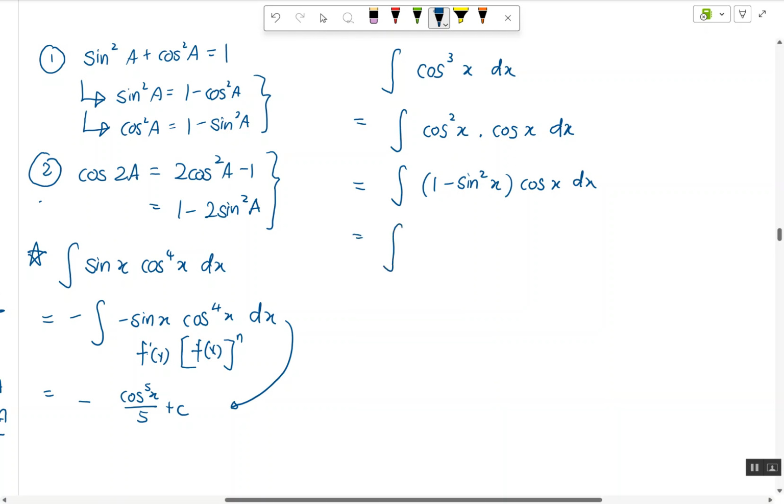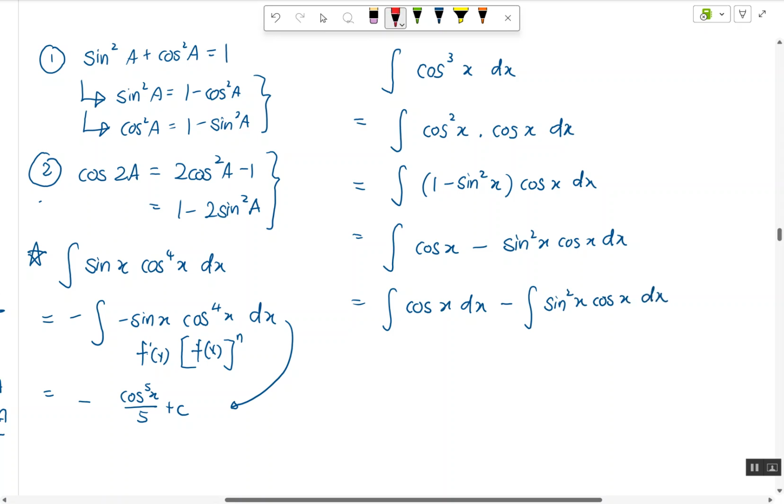So when I expand this, I'm going to get cosine x minus sine square x cos x dx. And actually, let's split this. The integral of cosine x, is this easy to do? Yes. Minus the integral of sine square x cos x dx.